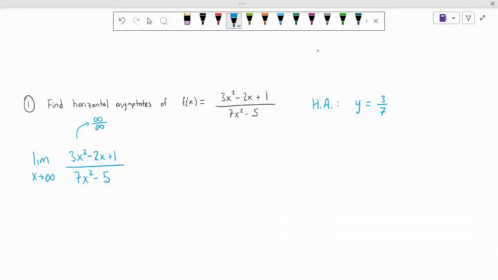So what's happening is the x squared term dominates everything else in both the numerator and the denominator. So as x goes to infinity, you square it and it just gets even bigger. So it's just going to remain infinite in both the numerator and the denominator.